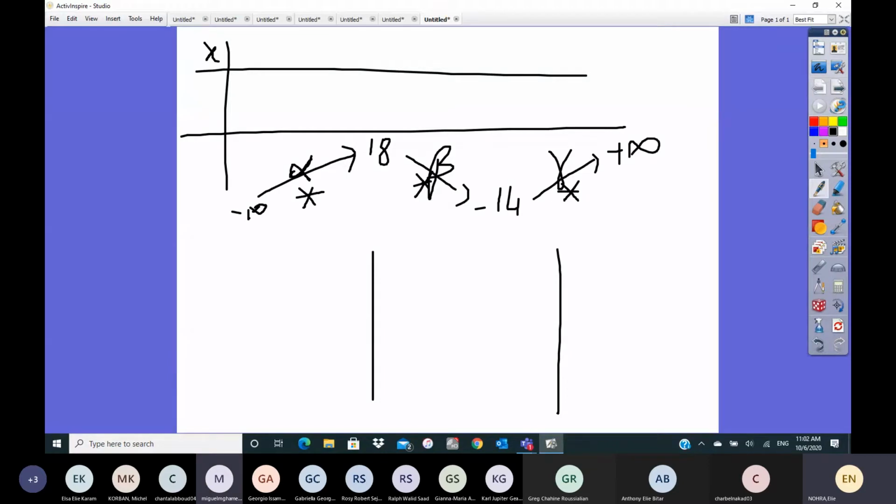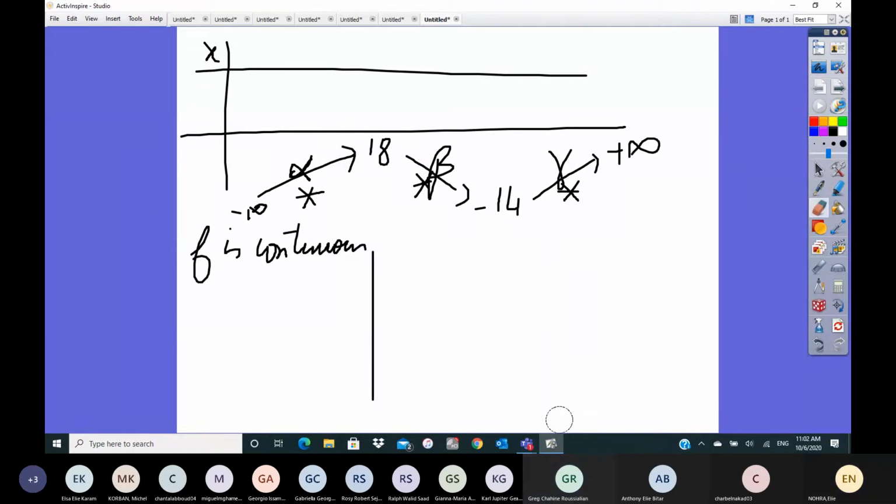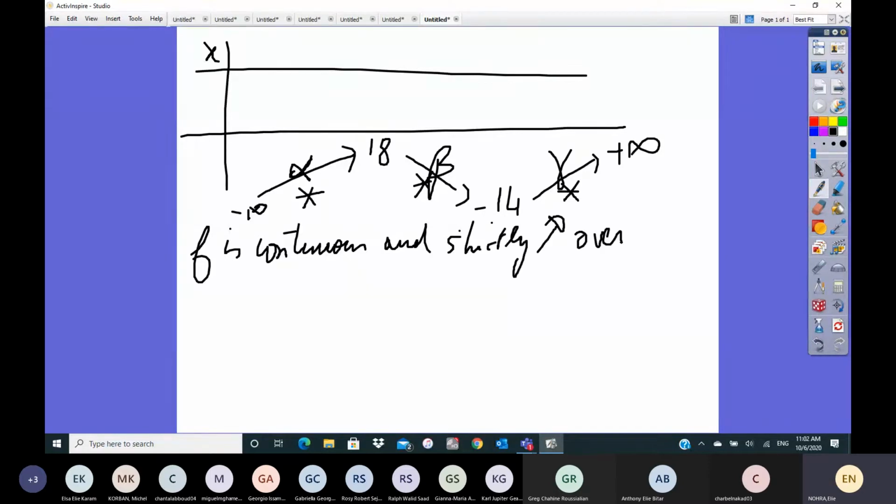G is continuous and strictly increasing over minus 3.6, minus 3.5, right? Which is over here.